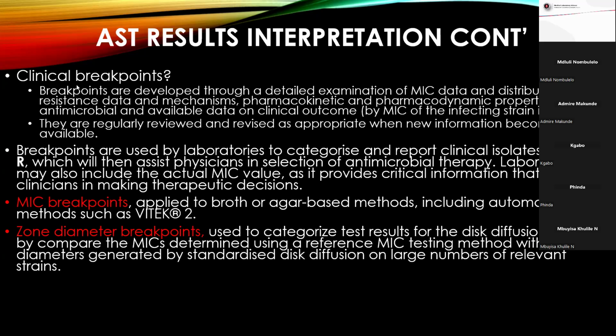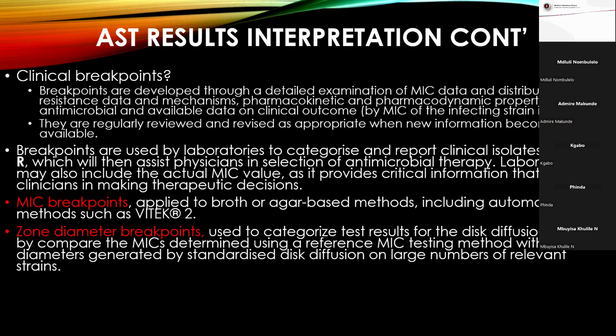Breaking points for one organism might differ also because of the site of infection. So you can have breaking points for E. coli, which infects the lungs, different from E. coli, which infects in UTI, just because of the pharmacokinetics and dynamics.